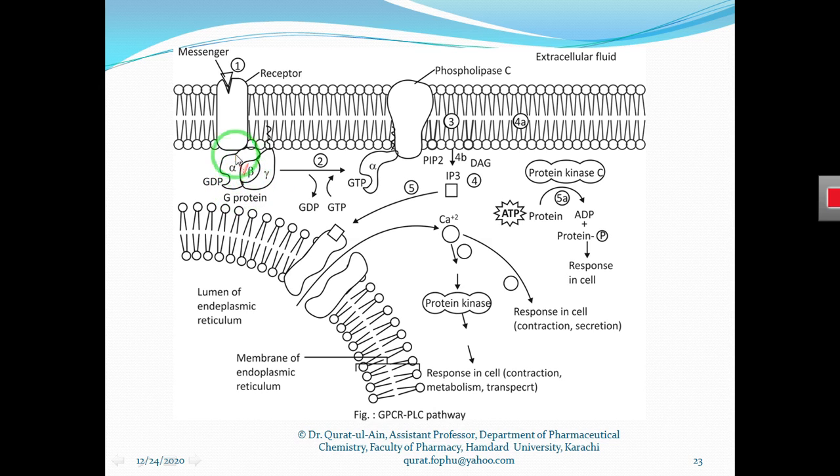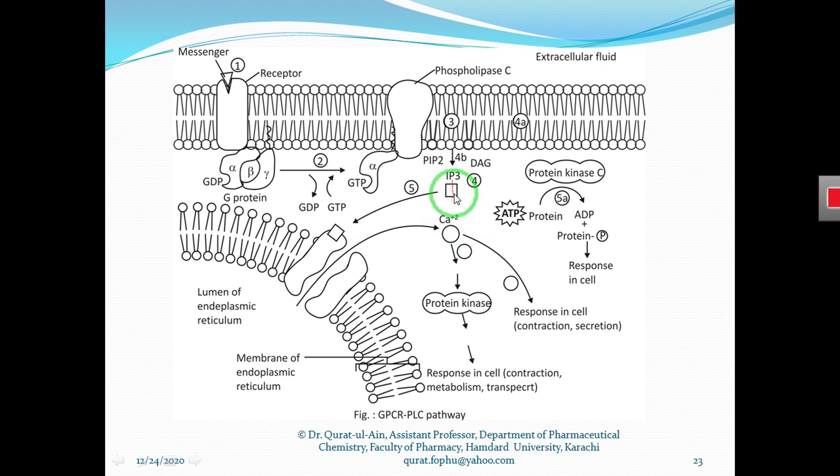This G protein is composed of alpha, beta, and gamma subunits, and after the activation, the alpha subunit separates from the beta and gamma subunits, and after detaching, it attaches to another protein embedded in the plasma membrane, that is phospholipase C. This phospholipase C, after the activation, converts PIP2, phosphatidylinositol bisphosphate, into IP3, inositol triphosphate.